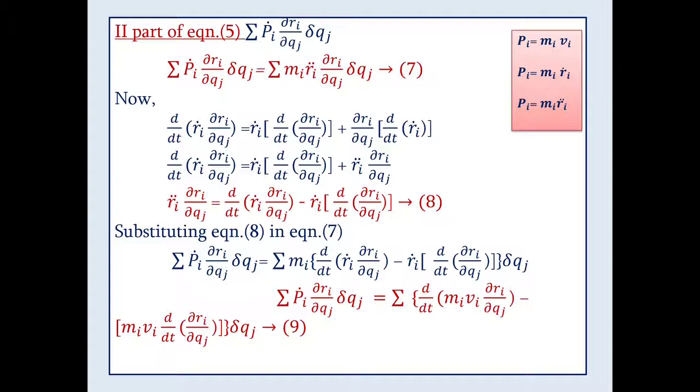So we get d by dt of mi vi dou Ri by dou Qj minus, bringing the mass inside first, mi vi d by dt of dou Ri by dou Qj, the entire thing multiplied by delta Qj.